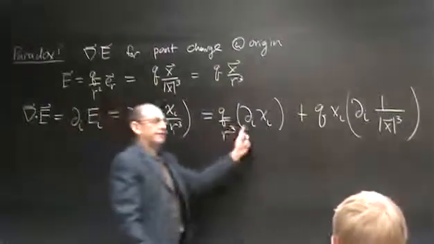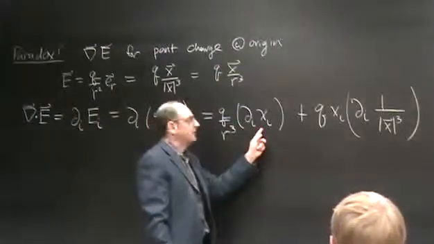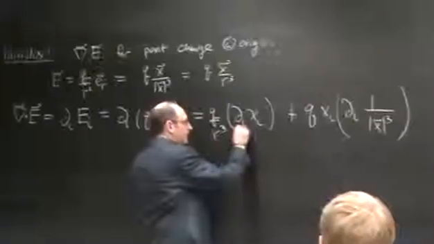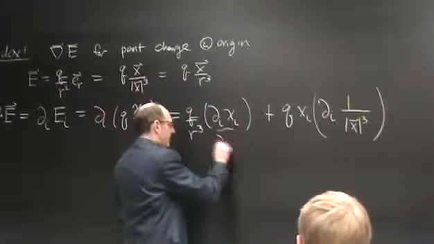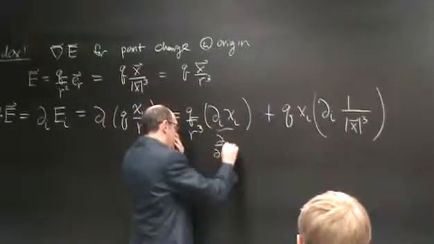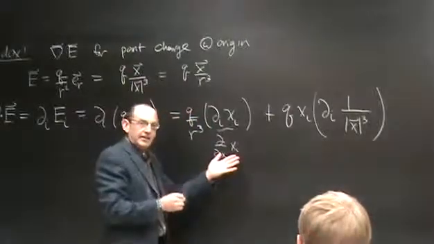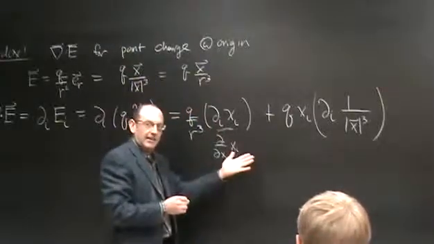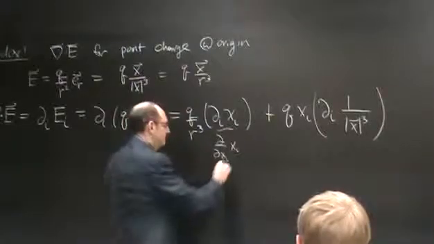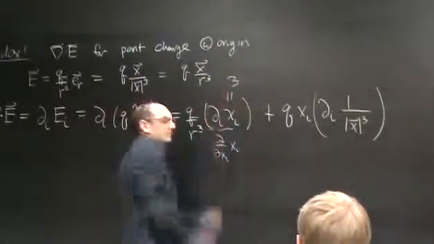What is this? Well, this is the partial with respect to x i of x i, which is 1, sum over i, which is 3.